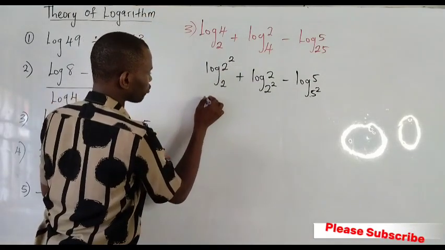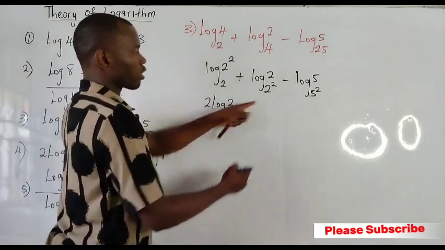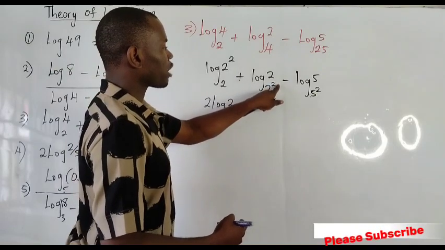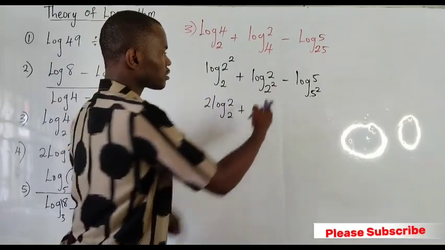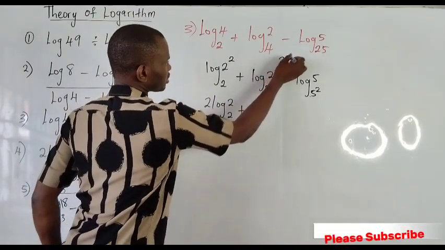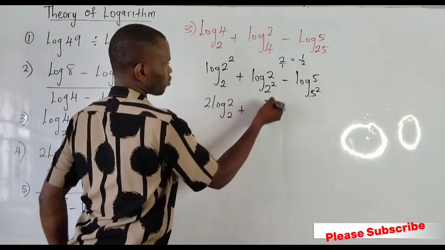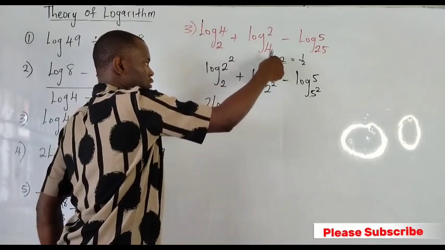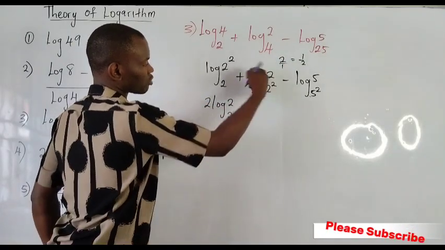So for here we'll have 2 log 2 base 2 plus. Now, since the base is what have the power, we are bringing it to the front as the reciprocal of the power here. The reciprocal of 2 is 1 over 2, because denominator of 2 here is 1. Reciprocal means rearrange them so that denominator comes up, numerator goes down. So let's take the reciprocal of this guy to the front.